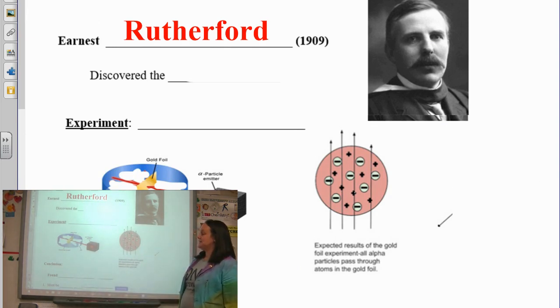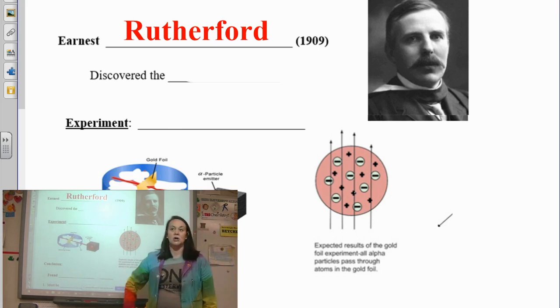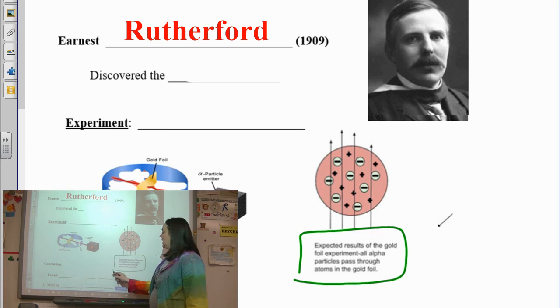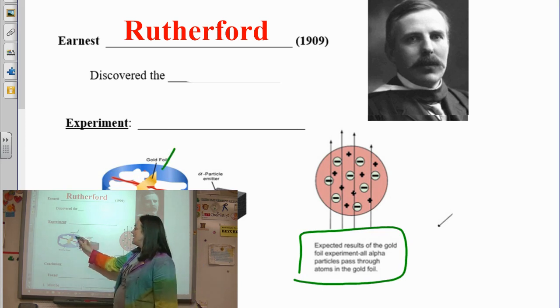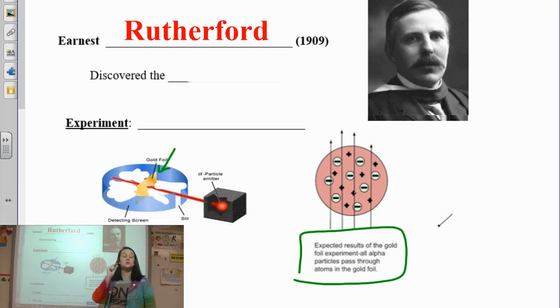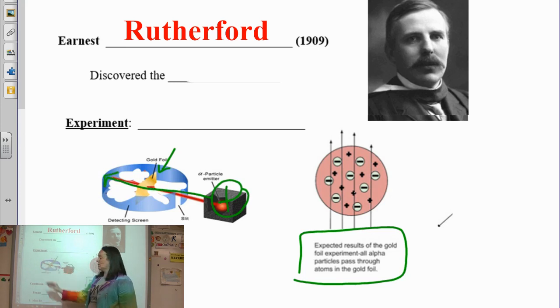And what he did was he basically took a gun and fired it at a plum pudding, or at a thing of ice cream. So what he thought was going to happen is he had a very, very thin piece of gold foil, extremely thin, and he was going to fire alpha particles at it. The idea is he was trying to support or negate what Thomson was saying.